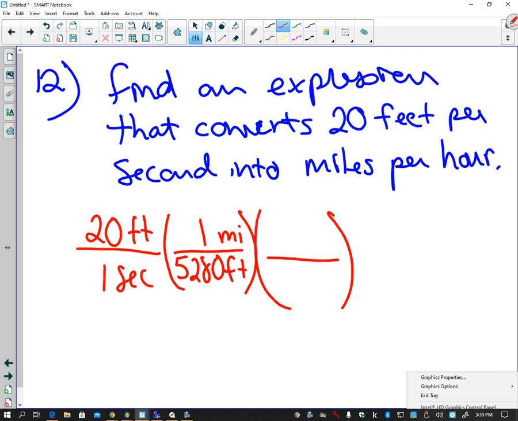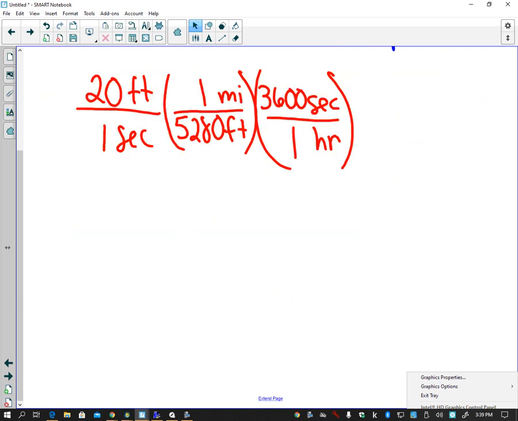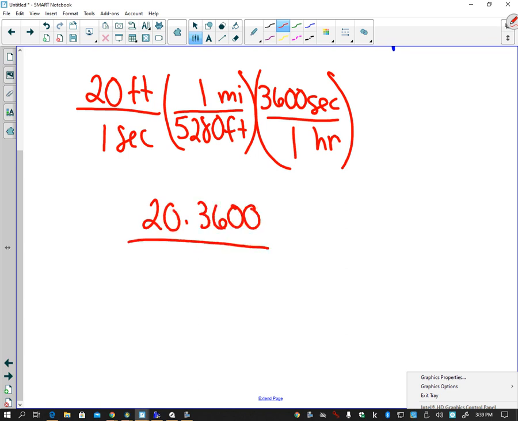Okay, and now we want to convert seconds to hours, so just like what we did in the other part. Seconds here, hours here, 1 goes down there, 3,600 up here. And what they're actually looking for is they're not looking for the solution, they just want to know the expression. And so that would be 20 times 3,600 divided by 5,280.